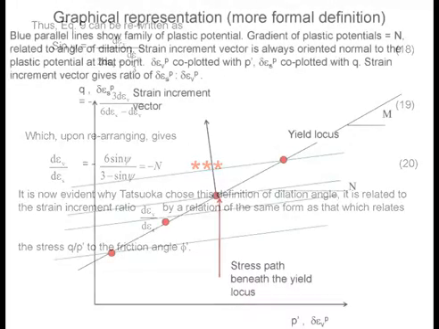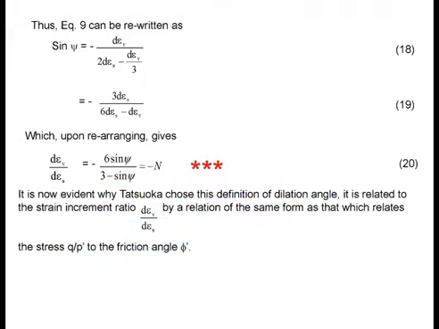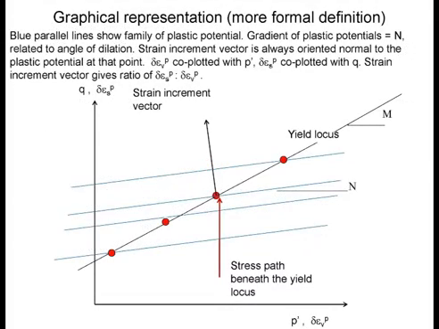Now, how do you visualize the plastic potential in this particular situation where you have a generalized angle of dilation called xi? How do you visualize this scenario? The way you can visualize it is this: you look at the blue lines, there exists a family of plastic potential shown by the blue lines here, an infinite number of plastic potentials.